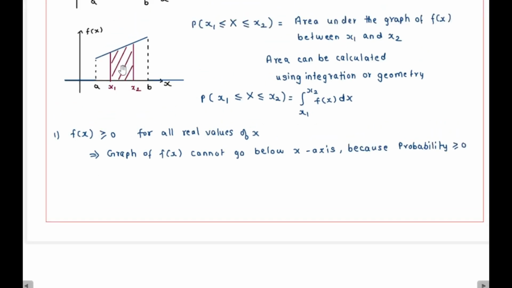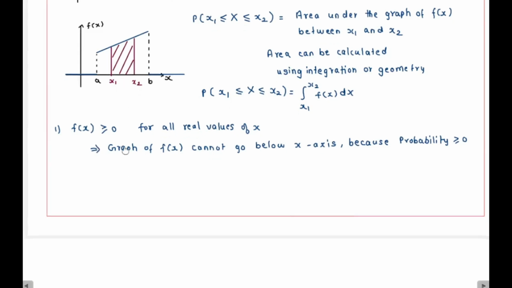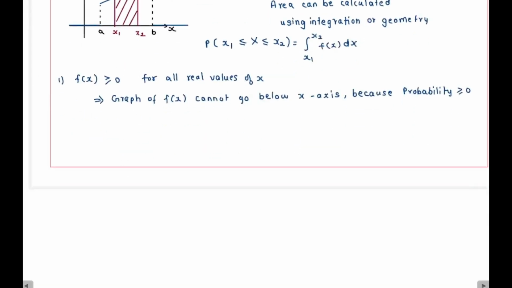By finding this particular area, we are trying to find the probability only. So probability can't be negative. We also know that the total probability is 1. The sum of all the probabilities for the random variable x taking any possible values in the interval in which it is defined is 1.